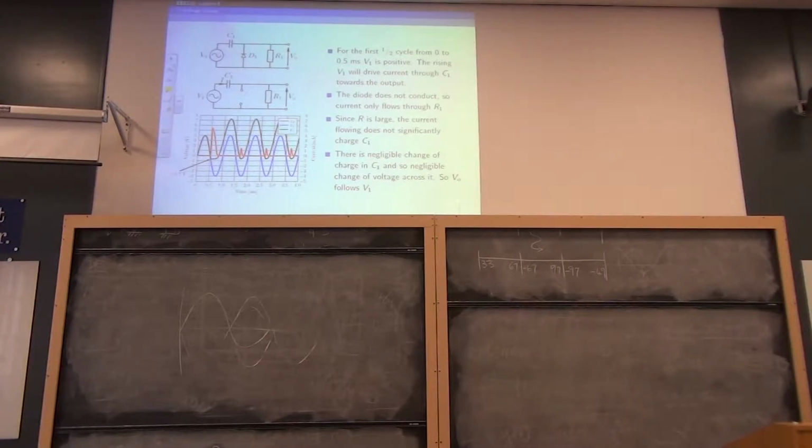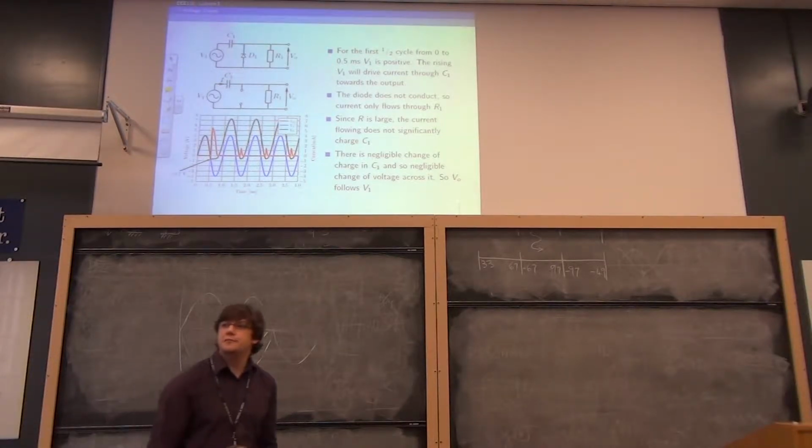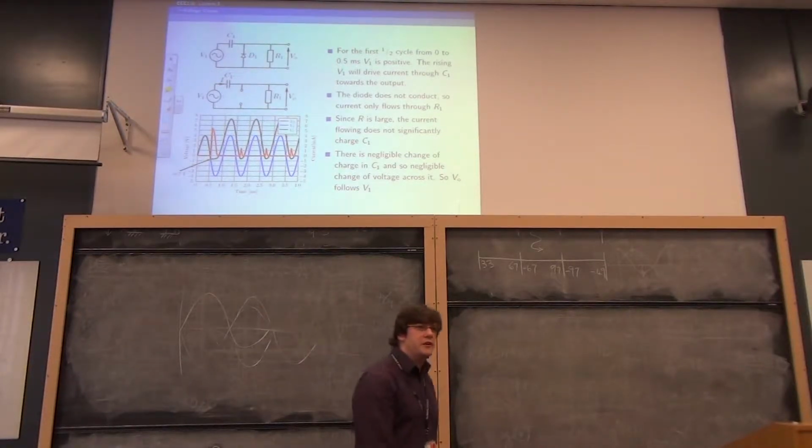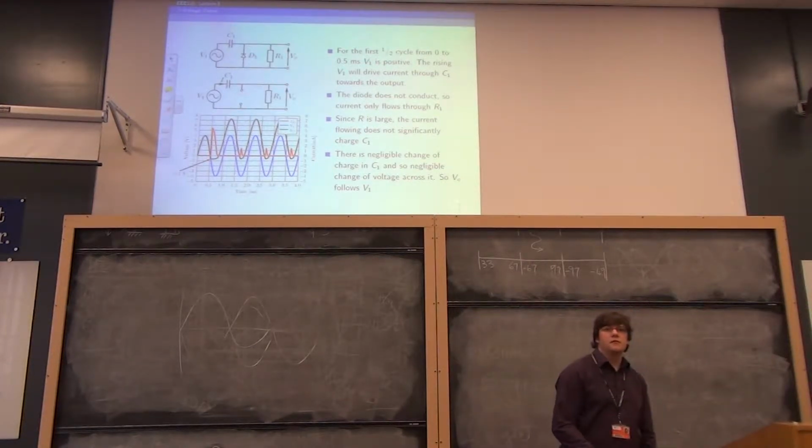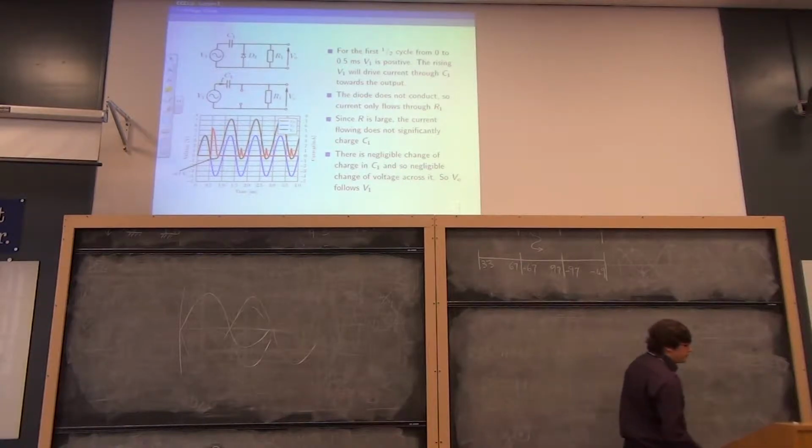So there is a negligible change of charge in C1. That's to say, C1 doesn't charge up very much. Consequently, if there is no change in charge, there should be no change in voltage. That comes from the well-known time domain expressions for a capacitor, C dV by dt and so on.